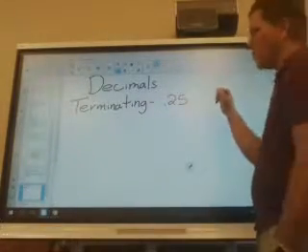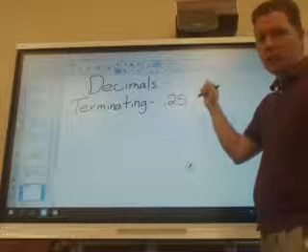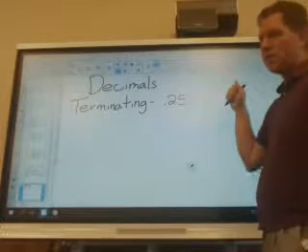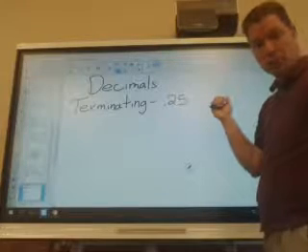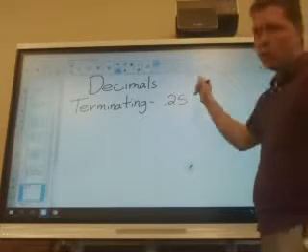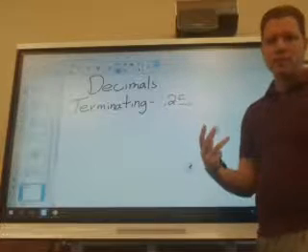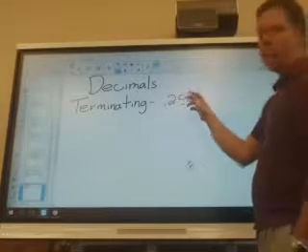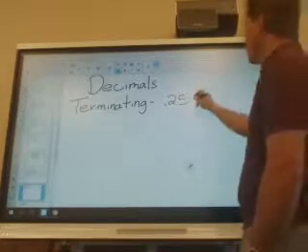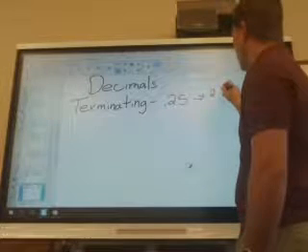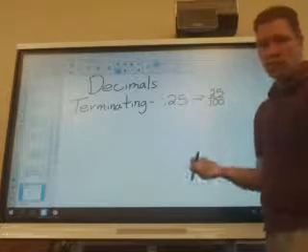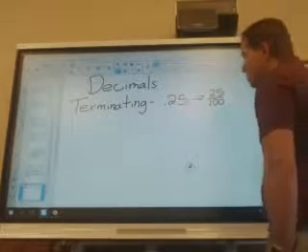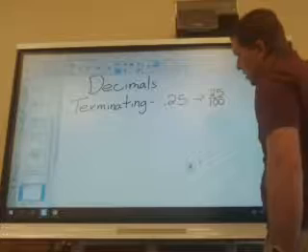But when I say this correctly, it tells me the fraction. This is 25 hundredths, okay? If I say 0.25, no place value is discussed at all. 25 hundredths, now I can easily write that as 25 over 100. And now it's a fraction I can reduce and work with, okay? So that's really nice to have.